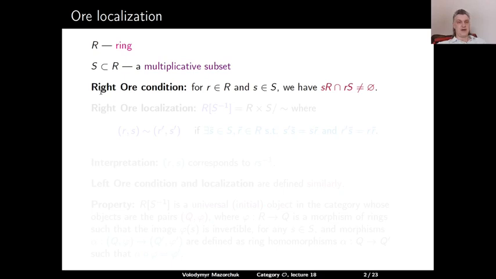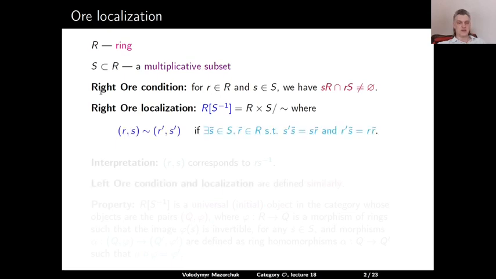If a pair R and S satisfies the right Ore condition, we can define the right Ore localization of R with respect to S. This is defined as a quotient of the Cartesian product of R and S by the equivalence relation given as follows.